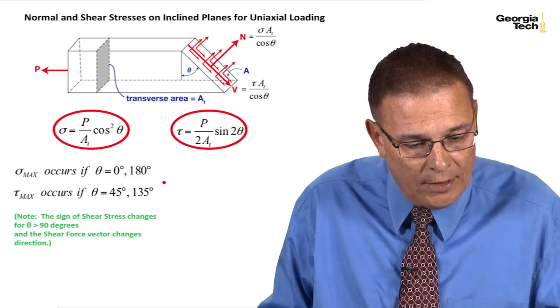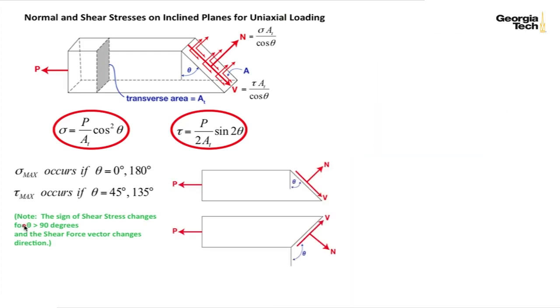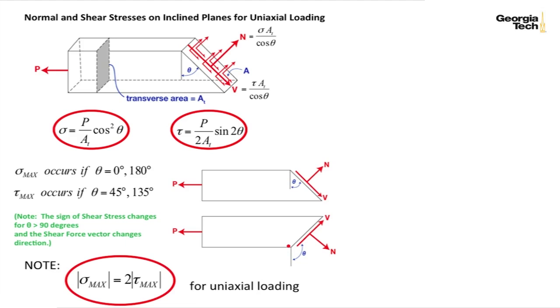We also noted that as theta became greater than 90 degrees, the shear stress and the shear force vector changed directions. One final important note was that the maximum normal stress was equal to 2 times the magnitude of the maximum shear stress.